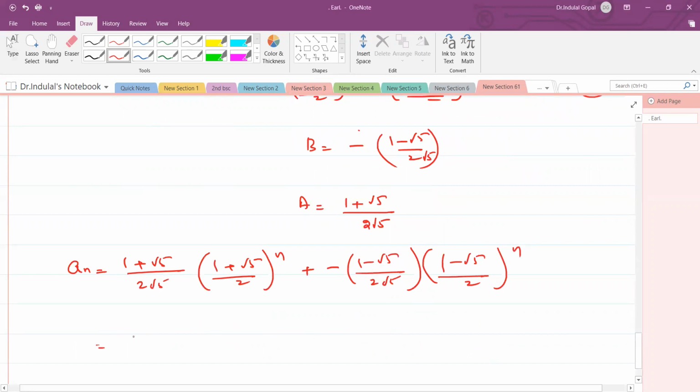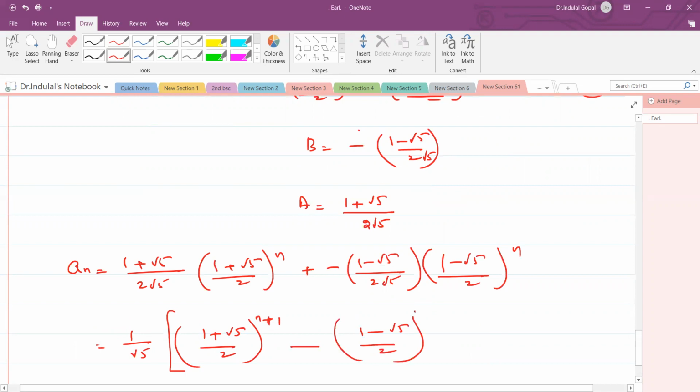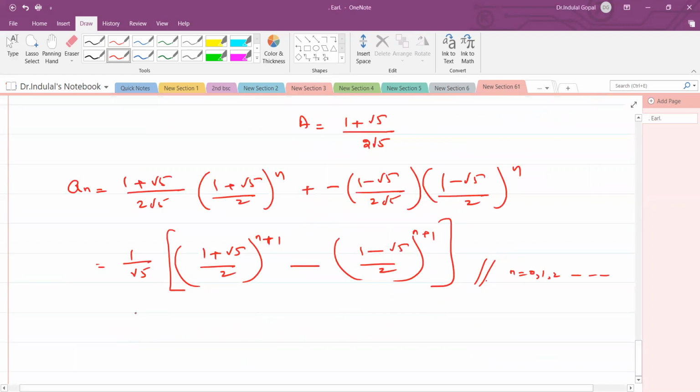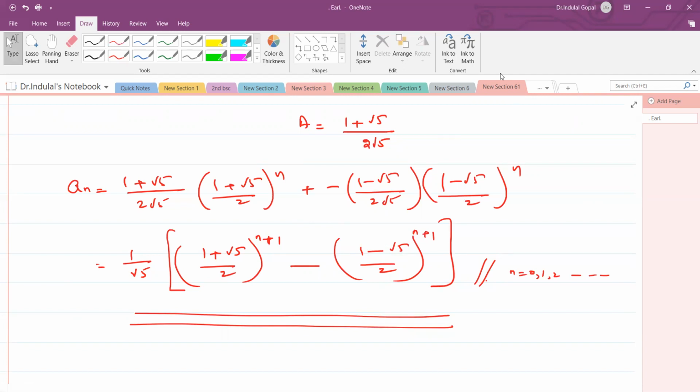So this is equal to 1 by root 5 into [(1 plus root 5 by 2) the whole raised to n plus 1 minus (1 minus root 5 by 2) the whole raised to n plus 1], for n equal to 0, 1, 2, 3, etc. This is the general solution.